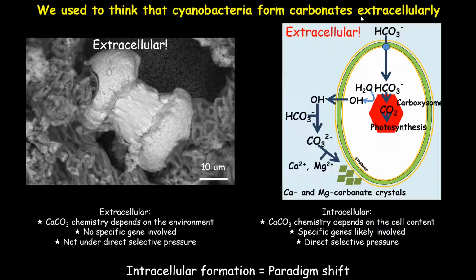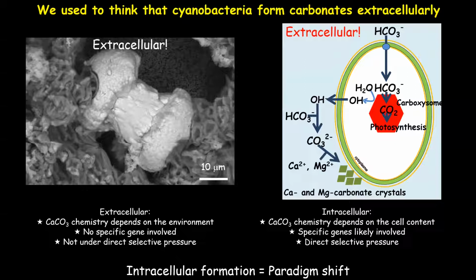And the other idea is that with this extracellular formation, people used to think that cyanobacteria somehow form calcium carbonate very incidentally. This is some kind of secondary reaction, secondary byproduct. This is not intended by the bacteria. And in the case of intracellular carbonates, you may imagine that you need some specific mechanism so that you will not precipitate calcium carbonate inside a cell in any way at any cost.